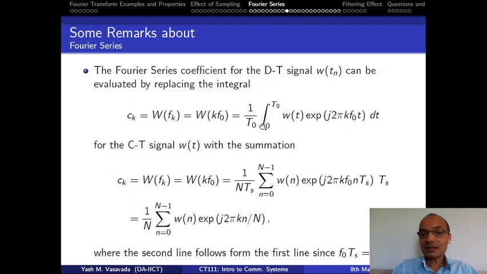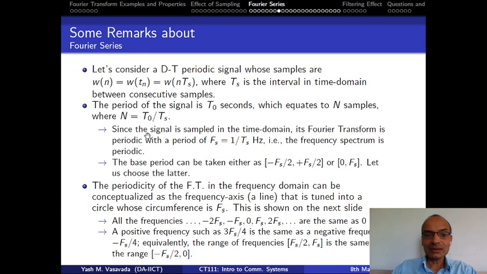But additionally, in the Fourier series formula that we have seen earlier, the integral got replaced by a summation because there was discretization of time domain as well, because we are having sampling in time domain. So when you discretize this integral, it turns into this summation. This dt becomes Ts. This is our sample duration, the smallest interval in time, Ts. T naught becomes N times Ts. This we have seen already. T naught here is N times Ts.